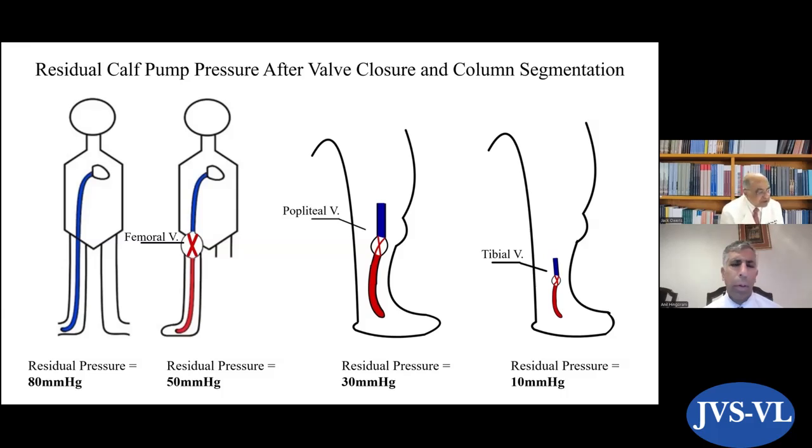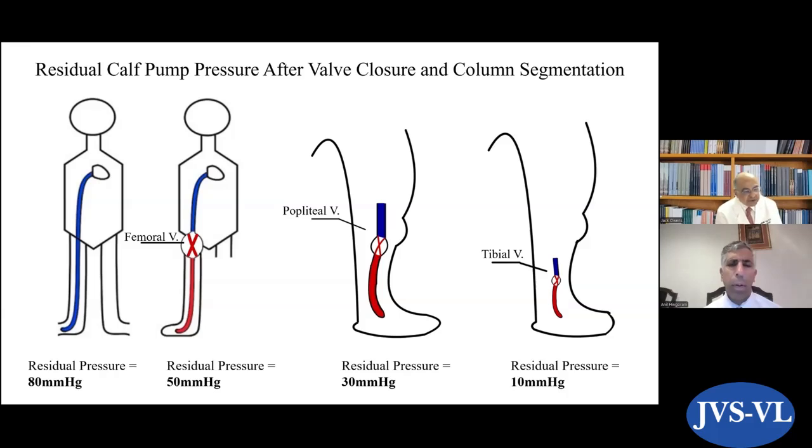And the pressure is relatively high too, 50 millimeters of mercury. The popliteal valve, when it closes, does better because the residual column below the popliteal valve is about 30 millimeters of mercury. But then again, the popliteal valve maximum stays closed only for about 15 seconds. The femoral valve for 5 seconds and the popliteal valve 15 seconds.